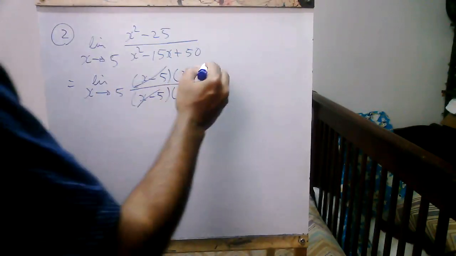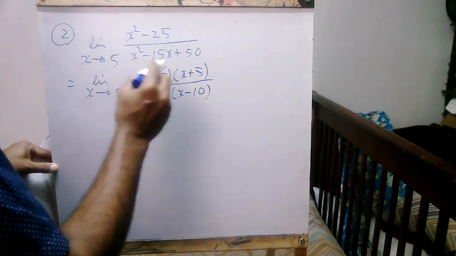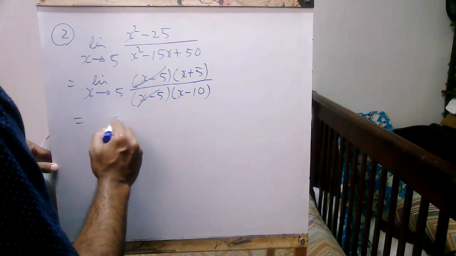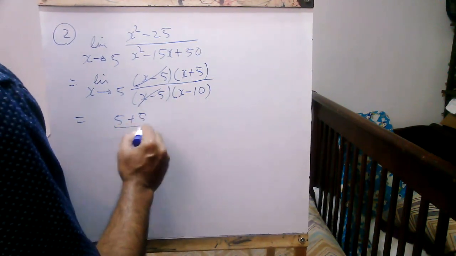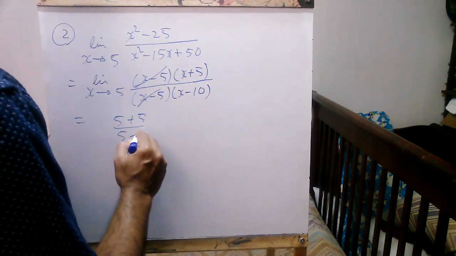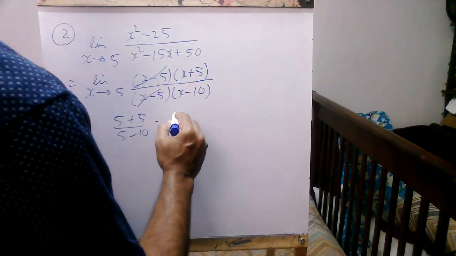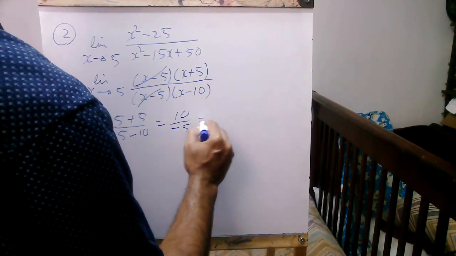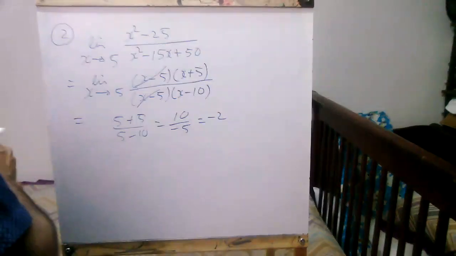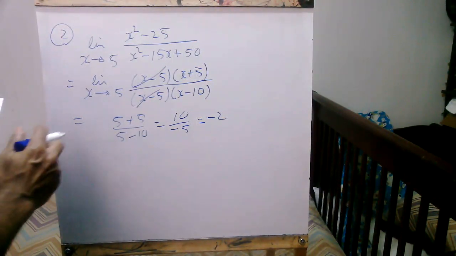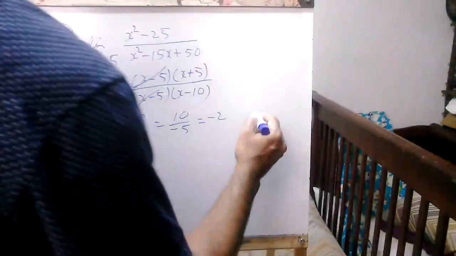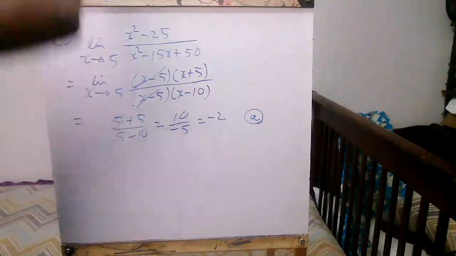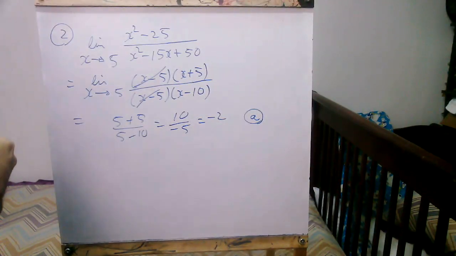When x approaches 5, substitute 5 here, we get (5 plus 5) divided by (5 minus 10). 5 plus 5 is 10, divided by negative 5, which is negative 2. Negative 2 is answer choice A.